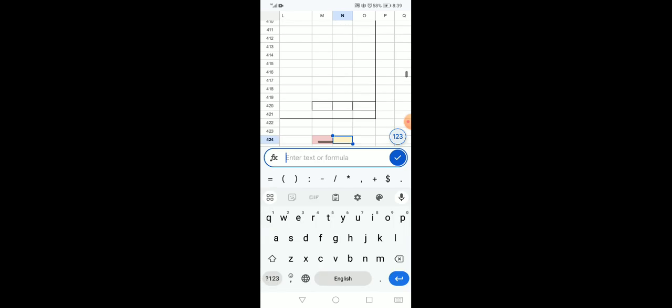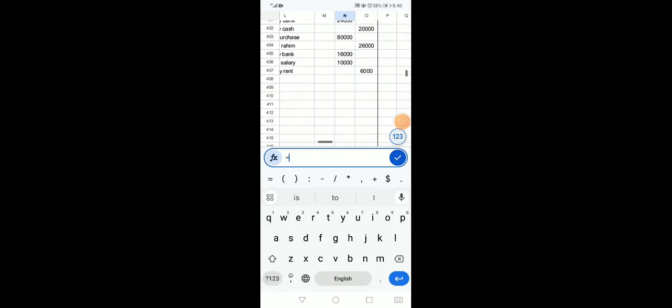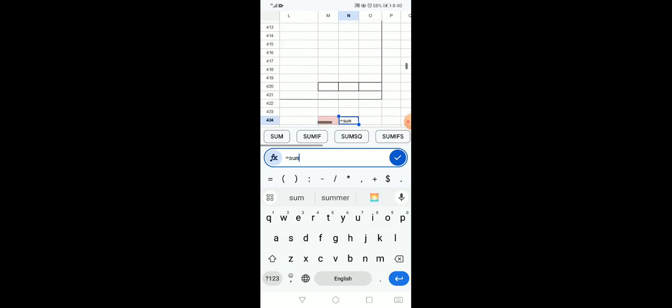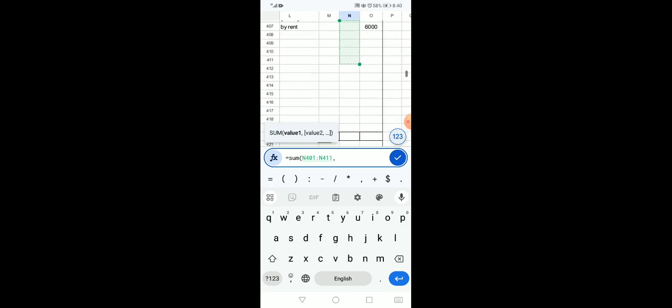Now we will see the total of the credit side. You will write all amounts present on the credit side and sum them up. Like 24,000 plus 80,000 plus 16,000, and this way you will calculate the sum of all amounts present on the credit side of the cash. And I am just taking help from Excel.